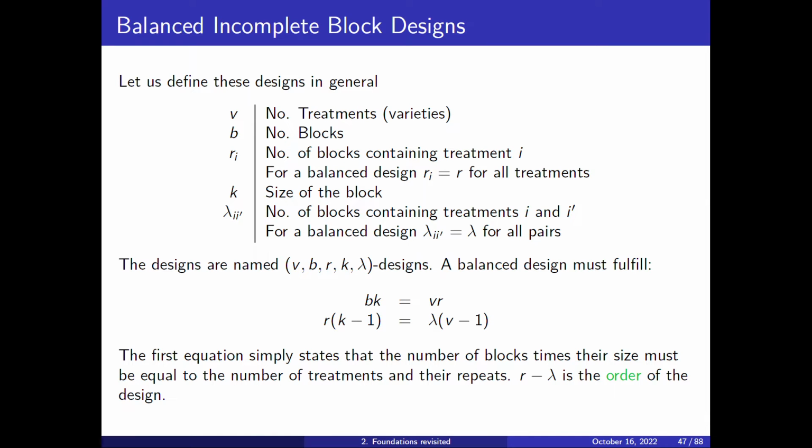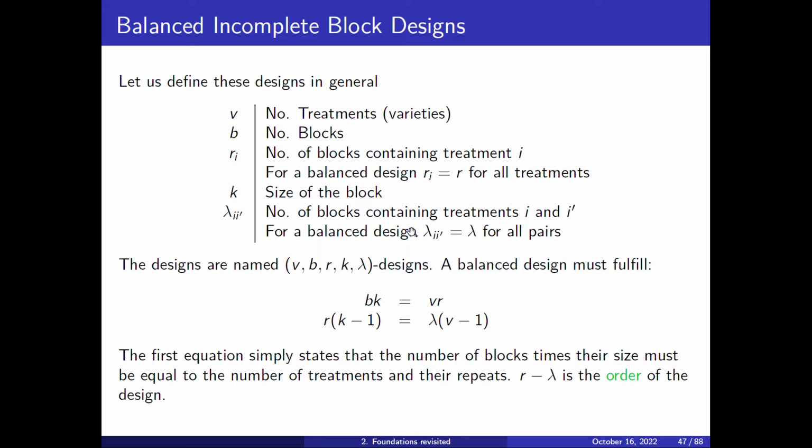So in general, let's say that we have V number of treatments. In some contexts these are called varieties. We have B blocks. We call Ri the number of blocks containing treatment i, and if the design is balanced, then Ri is the same for all treatments. Then K is the size of the block, and lambda i i' is the number of blocks in which the pair i i' is present.